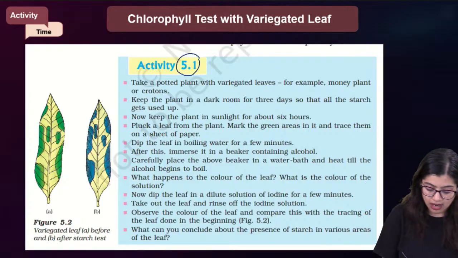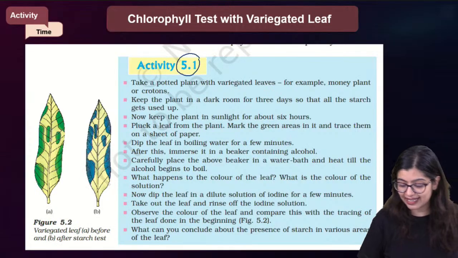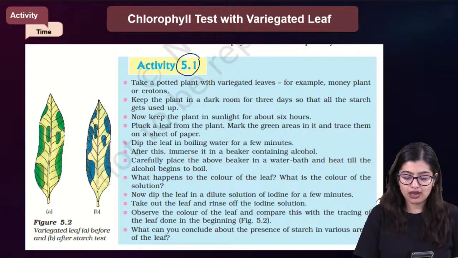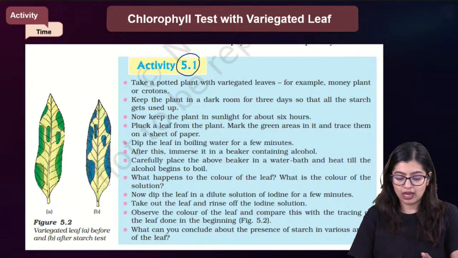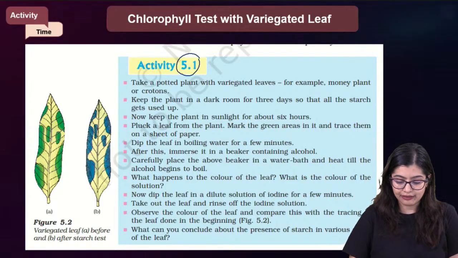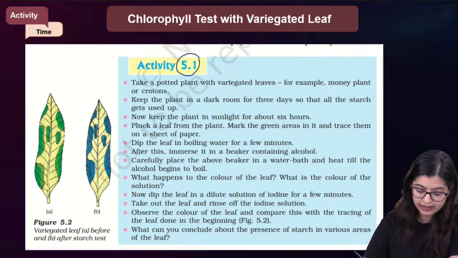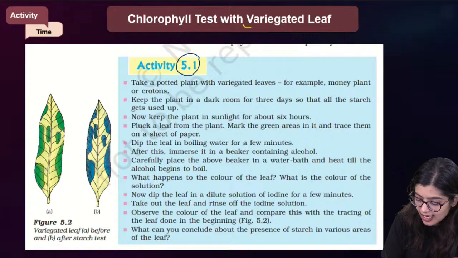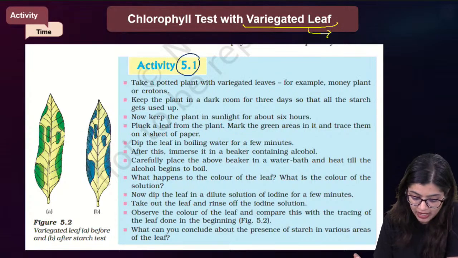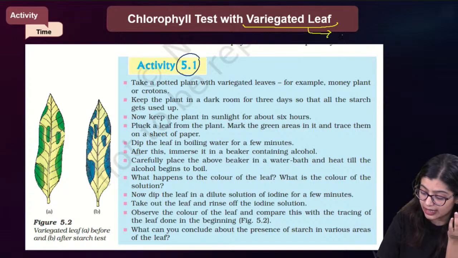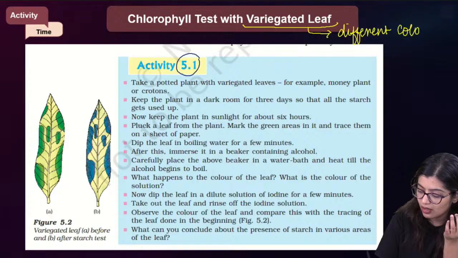Yes? So here we are going to use a variegated leaf, right? Can any of you tell me what we mean by a variegated leaf? First and foremost, write down what is a variegated leaf. Variegated leaves are those leaves with different color zones, right?